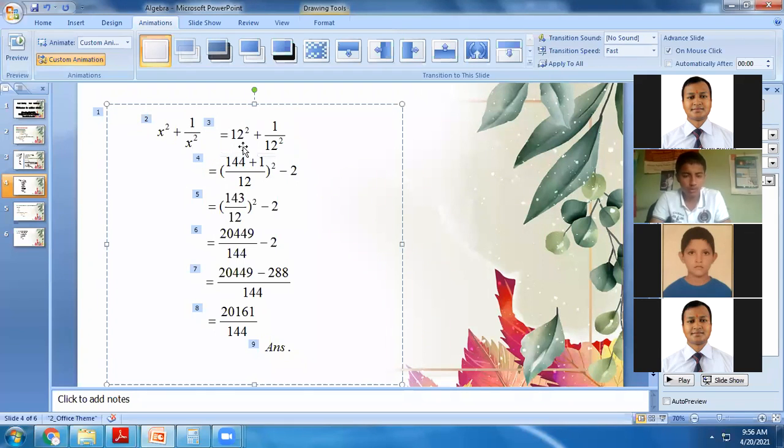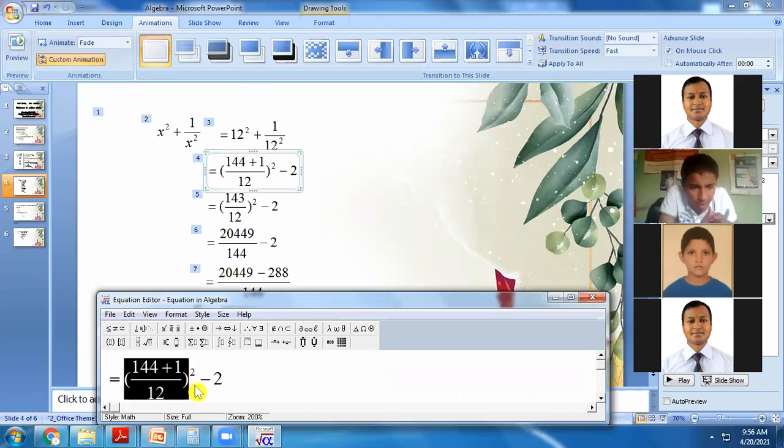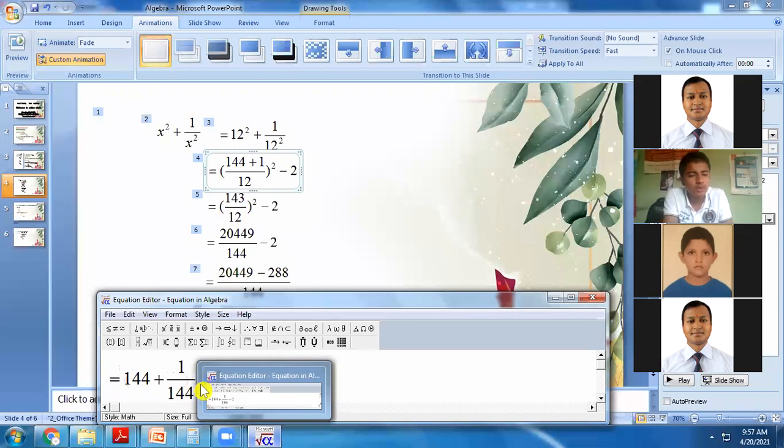So the value of x is 12, which means x square is 12 square and 1 by x square means 1 by 12 square. Now in place of this there will be 144 plus the next one is 1 by 144.